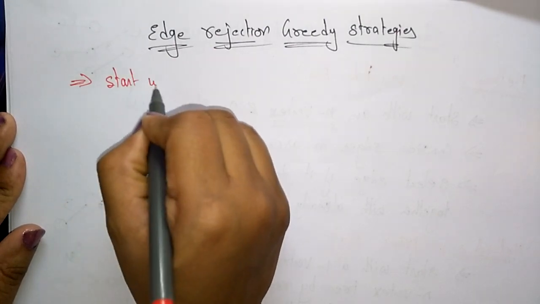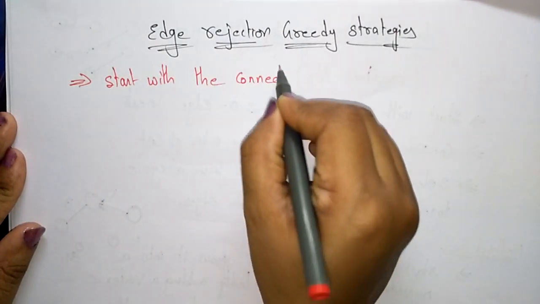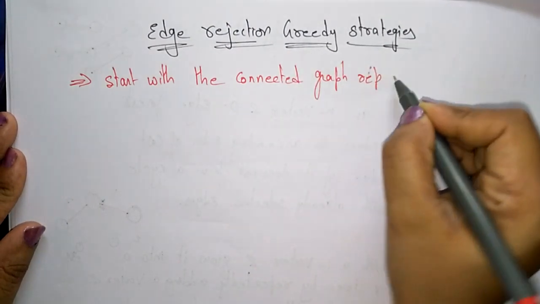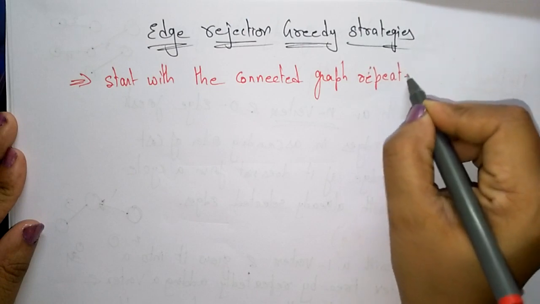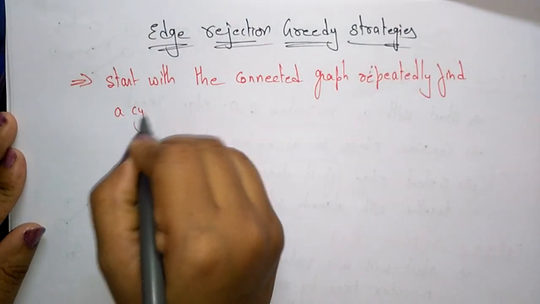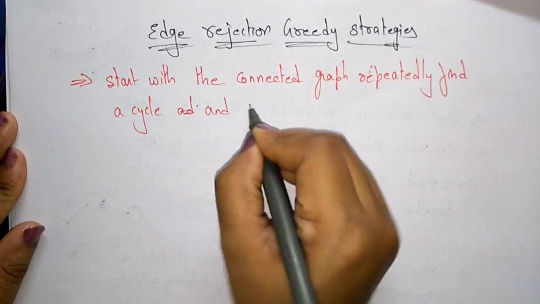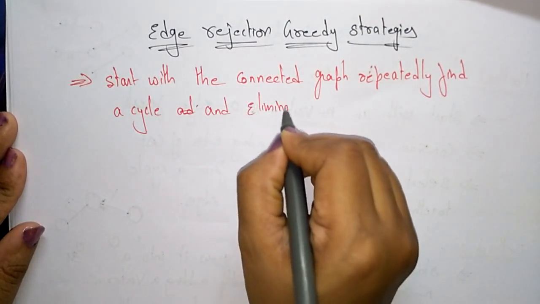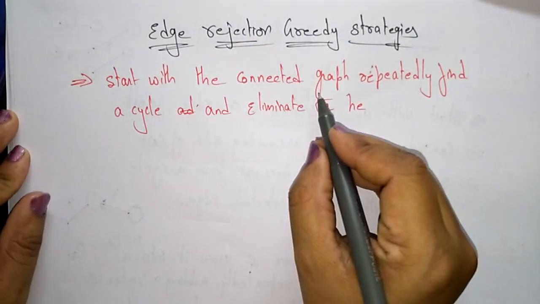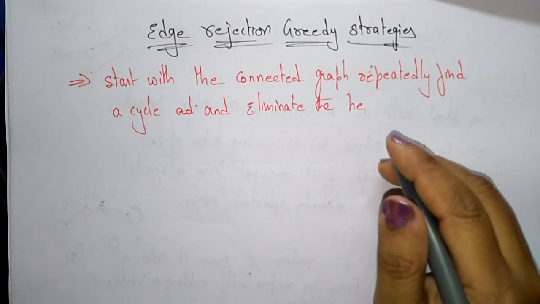First start with the connected graph, repeatedly find a cycle and eliminate the highest cost edge. So you take the already connected graph and repeatedly find a cycle.